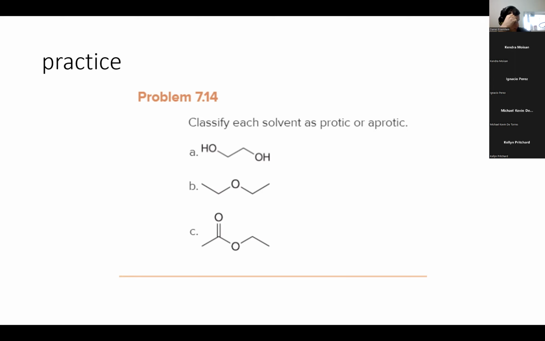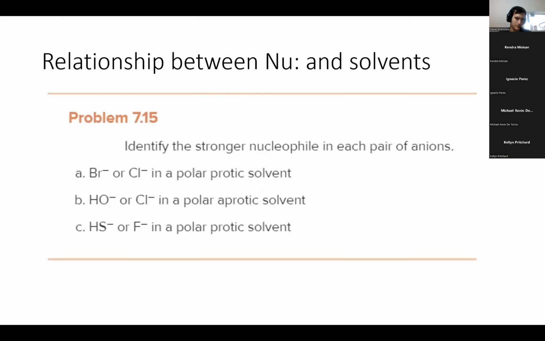Remember, guys, fluorine, oxygen, nitrogen have to be bound to the hydrogen in order to get hydrogen bonding. Nice. Do A.